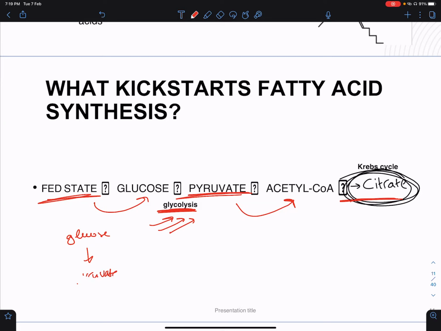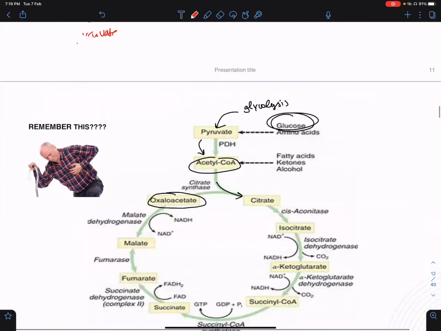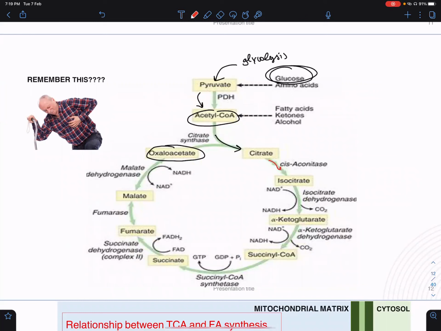Now, when does citrate accumulate in the body in order for it to even start fatty acid synthesis? Because in general, normally, citrate just continues with the Krebs cycle, right? So how can we have enough citrate left over for it to go into fatty acid synthesis? Because it's all going to the Krebs cycle.